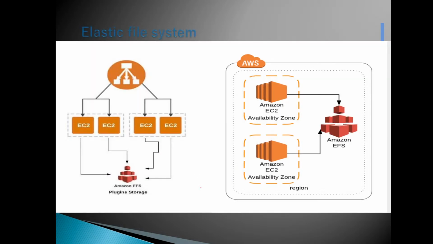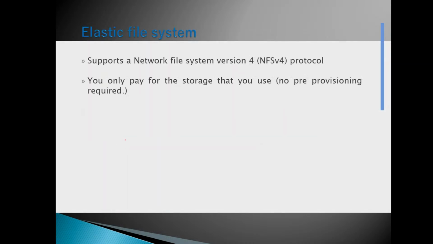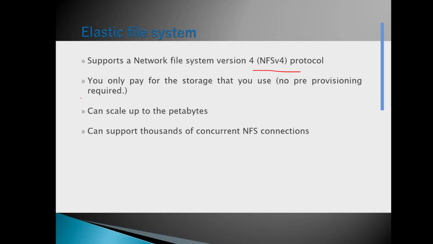So this is the image of EFS. You can see multiple EC2 machines attached to the same EFS volume. These are the different protocols supported by EFS. EFS supports the NFS version 4 protocol.